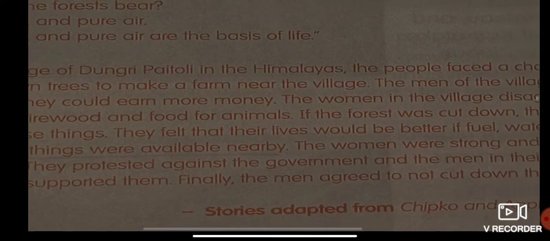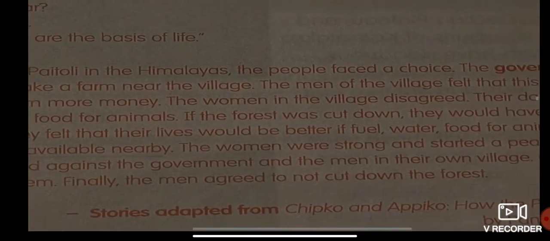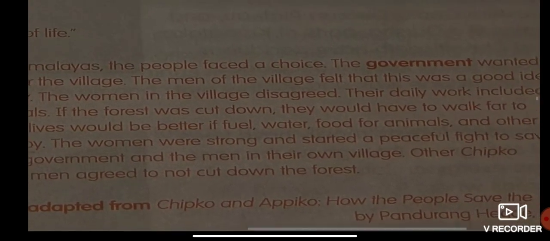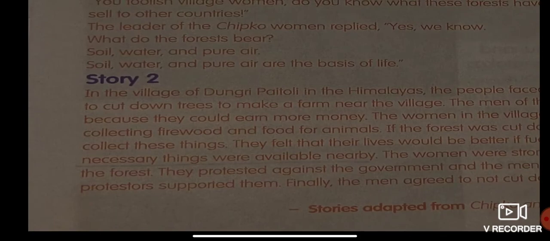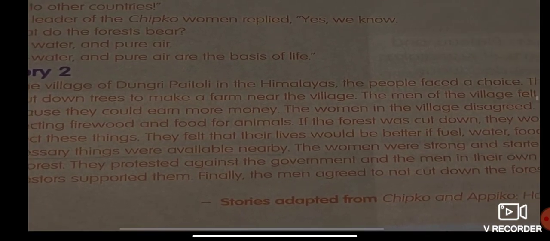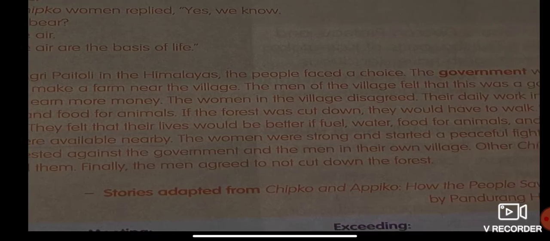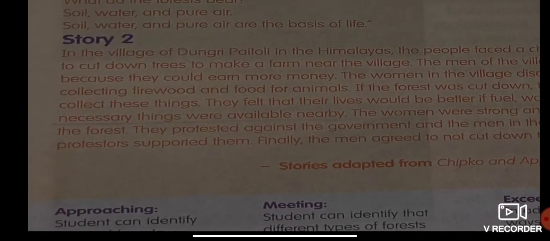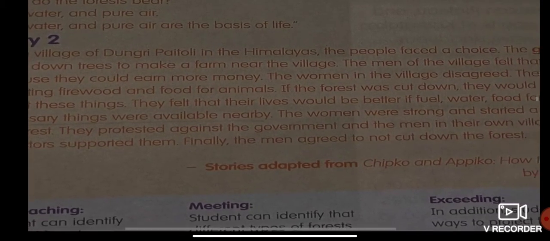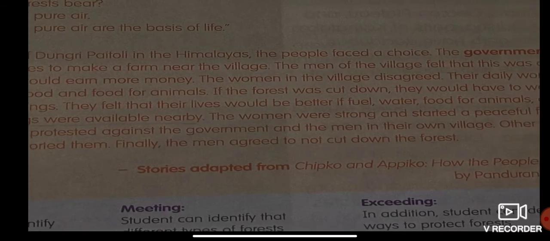In the village of Dundri Paitoli in the Himalayas, the people face a choice. The government wanted to cut down trees to make a farm near the village. The men of the village felt that this was a good idea because they could earn more money. The women in the village disagreed.